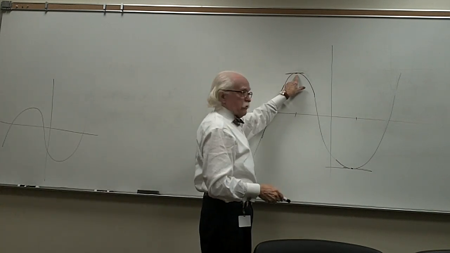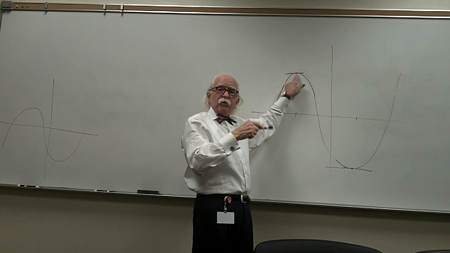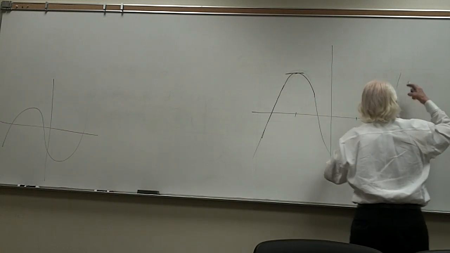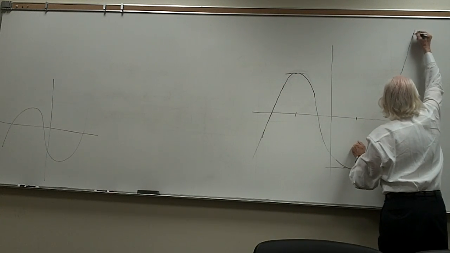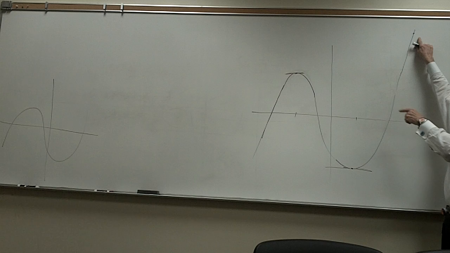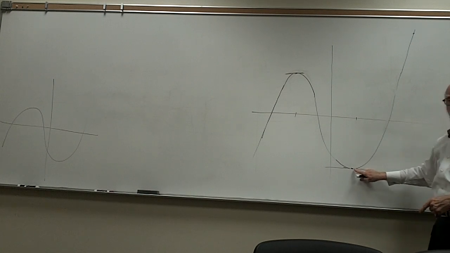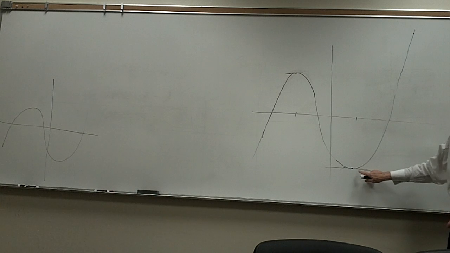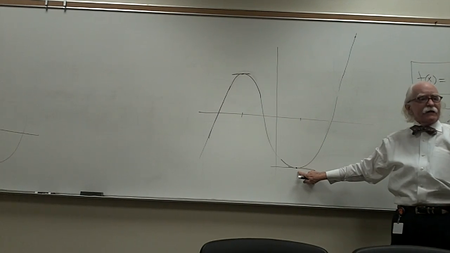Look, do you see any other point on this graph that's higher than this one? Yes, it is way up there. There's another point on this graph. Do you see why that's relative? That is a relative max. Do you see a point that's lower than this point? Yes, way down here somewhere. So that means that this point is a relative minimum.